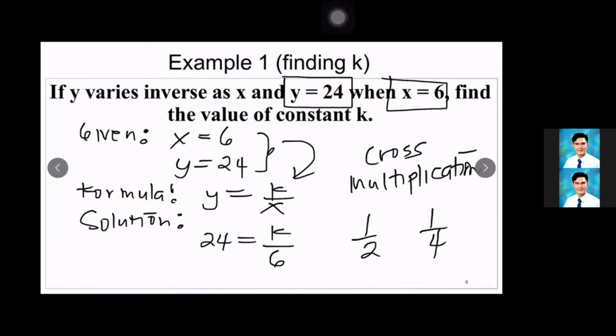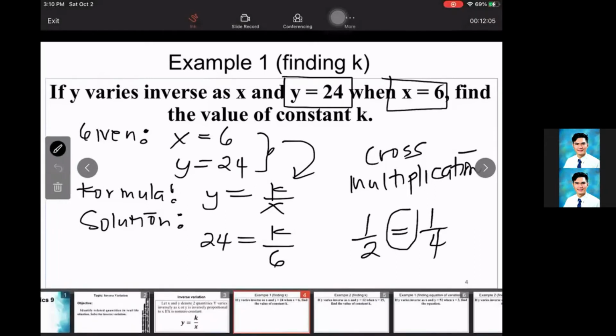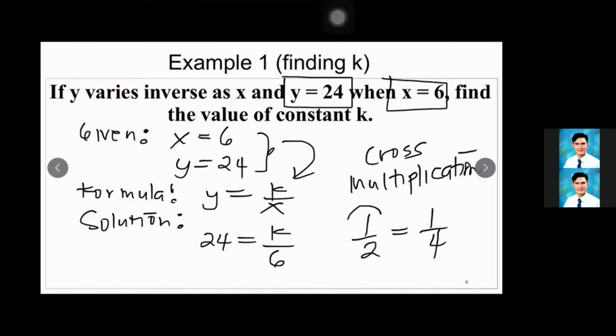If the symbol between two fractions, or between a fraction and a whole number, is an equal sign, we can apply cross multiplication, where we multiply the numerator 1 by the denominator of the second fraction, which is 4, and the denominator 2 by the numerator 1 on the other side of the equation. That is cross multiplication.